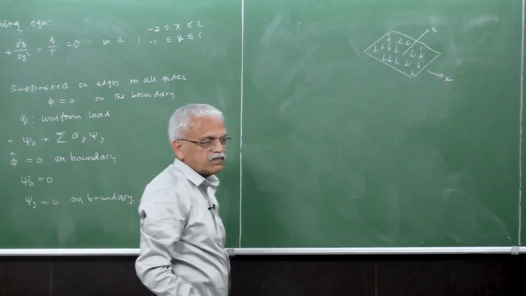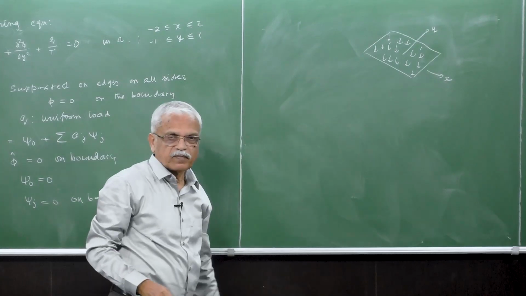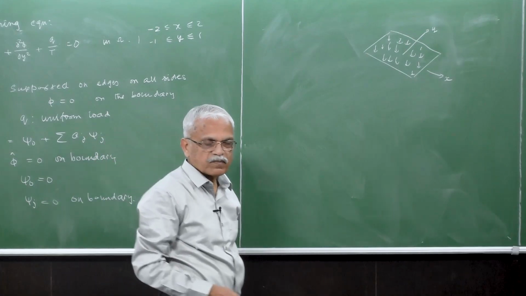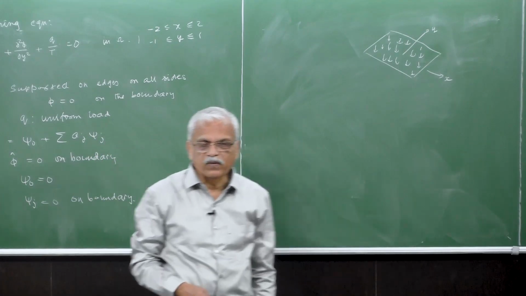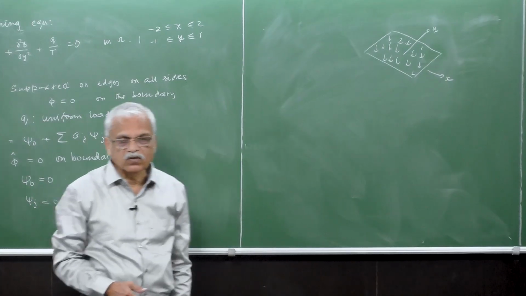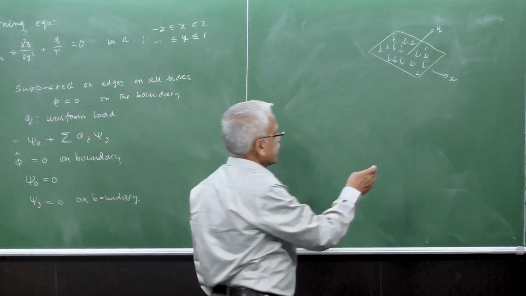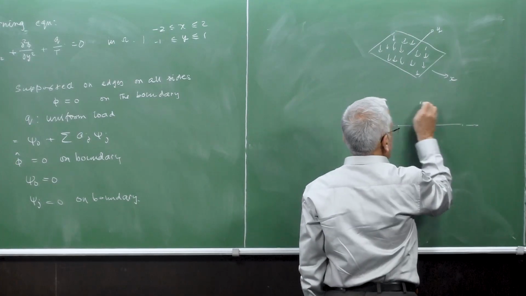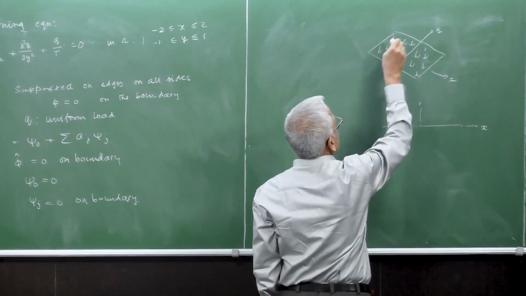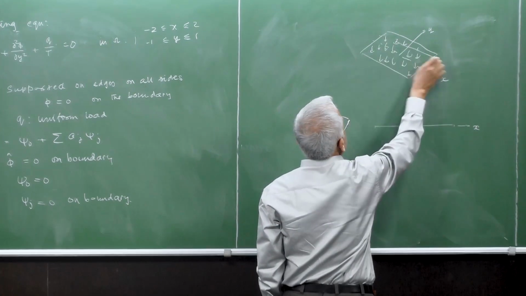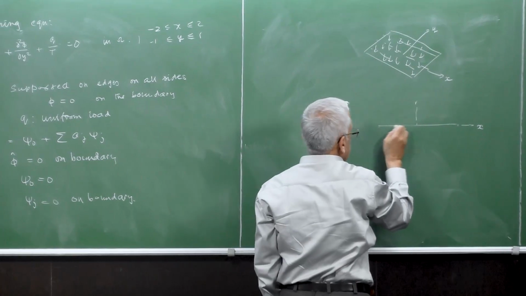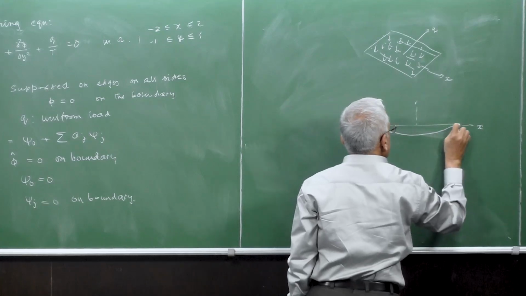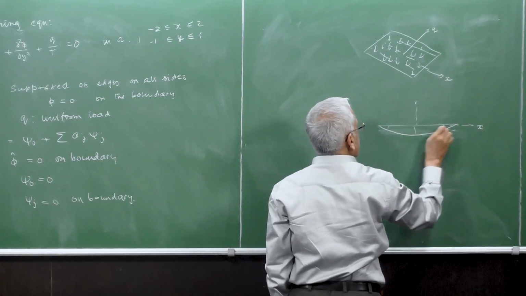You can see very well that the geometry is symmetric about the xy axes, as well as the load is symmetric about the xy axes. Then we know that the solution also will be symmetric, in the sense that if you just see the x part, for example, a cross section here, if you cut it anywhere here, it is supported on this side and at the two ends.